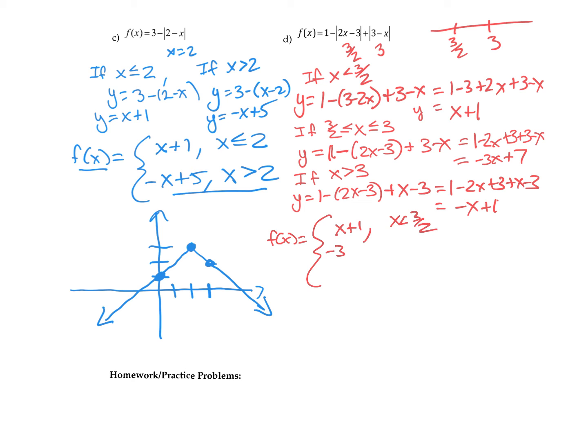We've got negative 3x plus 7 when x is between 3/2 and 3 inclusive. And we have negative x plus 1 when x is greater than 3/2. Not greater than 3/2, sorry, greater than 3.